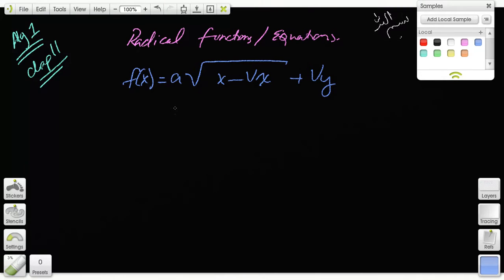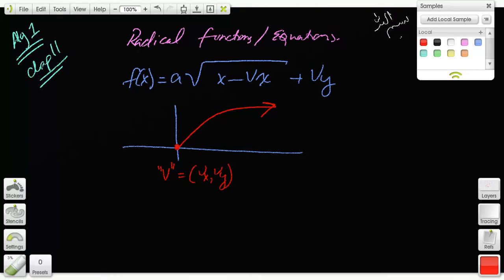And then we have graphed these. When you graph them, they look like this, correct? This being the pseudo-vertex, Vx, Vy. The book calls them HK, which is okay.